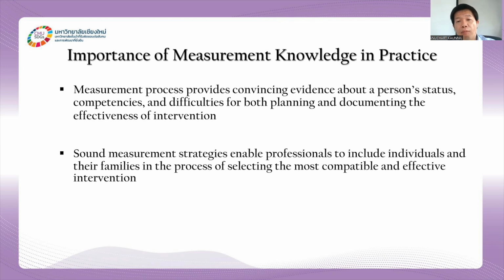And difficulty for both planning, documenting, and effectiveness of intervention. When we do the measurement process, we need to find out the evidence about personal status, competency, difficulty. We draw that information. We can plan, right? We can plan already. And we're gonna plan and have a goal, and after that we can see the treatment tool after we assess or evaluate or measure already.